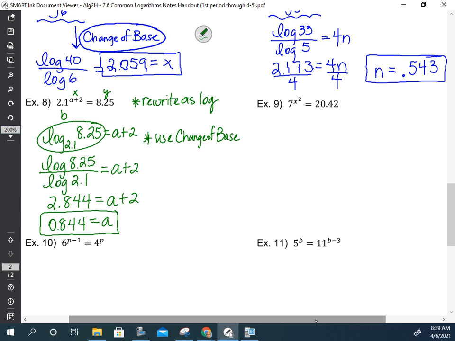So 9 amounts to the same thing. For problem 9, we do our rewrite. There's our base, there's our x component, there's our y component. Log base 7 of 20.42 equals x squared.